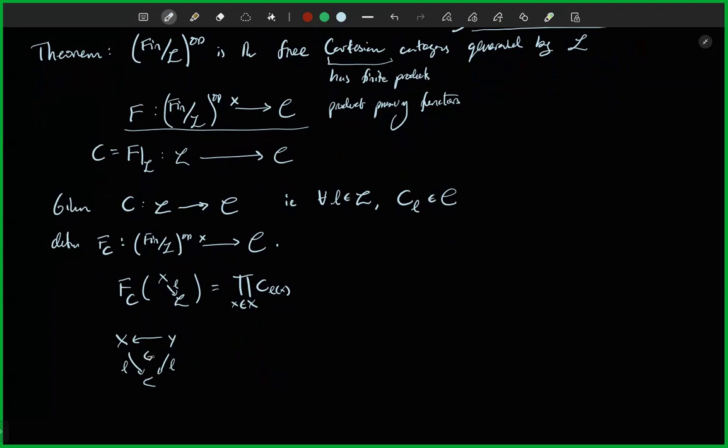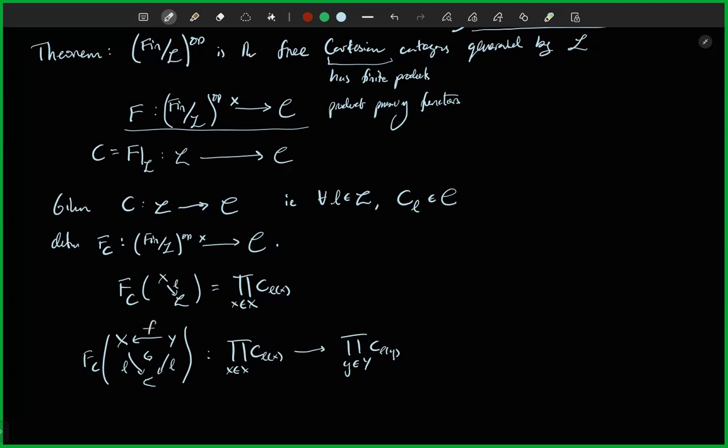And this commutes. Then F of this has to be a function from the product over x in X of C_{l(x)} to the product over y in Y of C_{l(y)}. By construction. And I'll call this thing here little f.